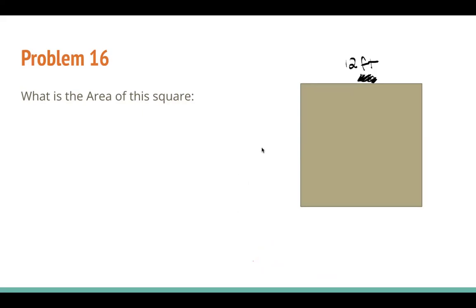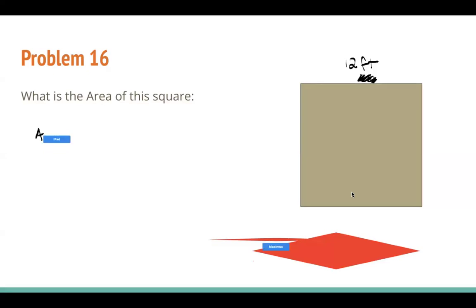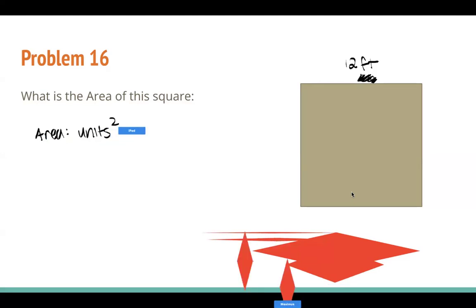How will I do this? Right? Remember, for area in 2D, it's always units squared. And for volume, it'd be units cubed.